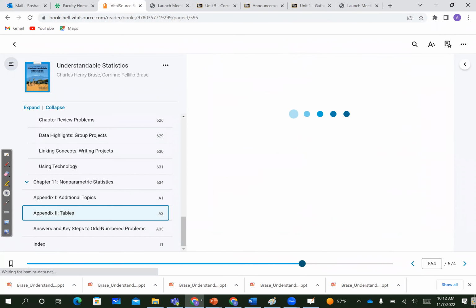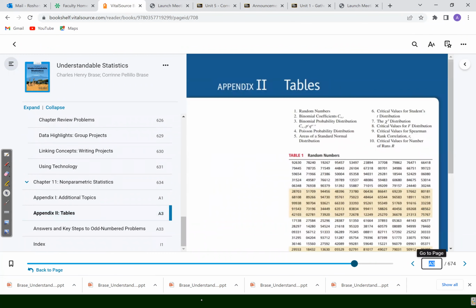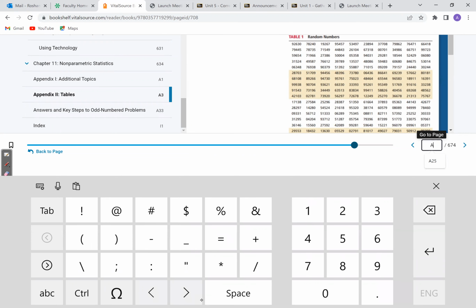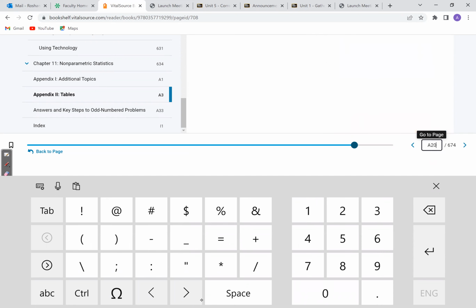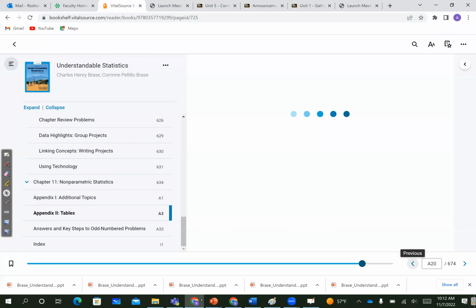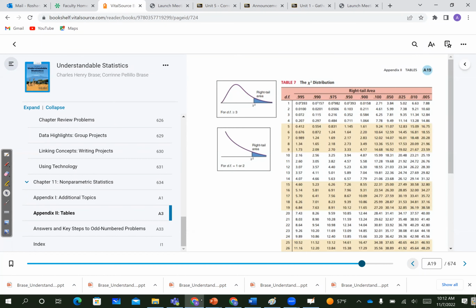Again, if you have the book, no, that's table 8, so probably, yeah, table 7. See, so what were the values?